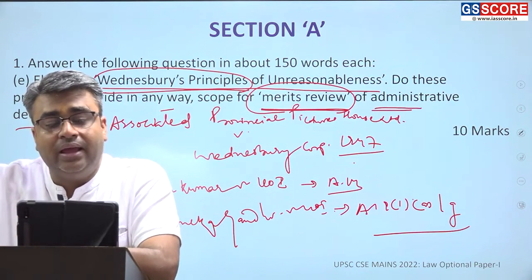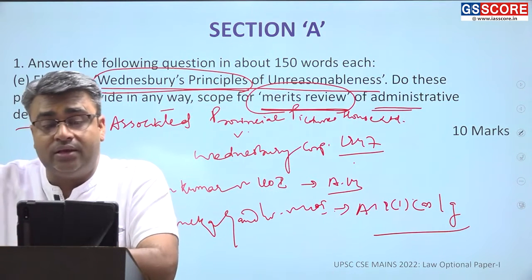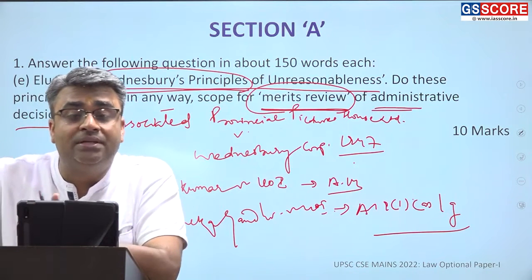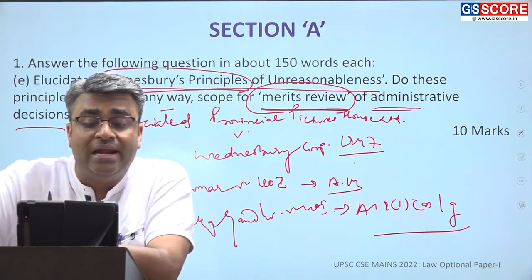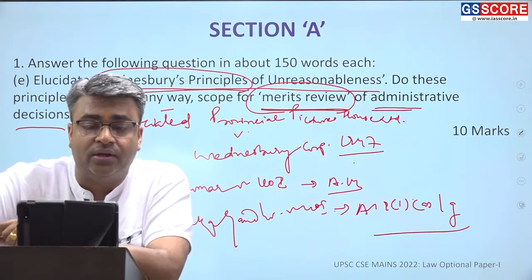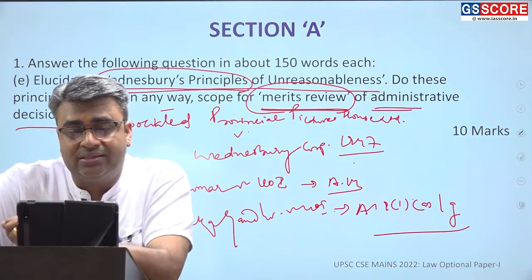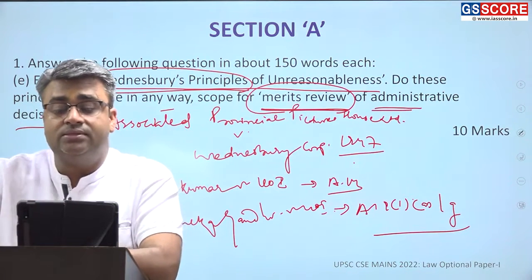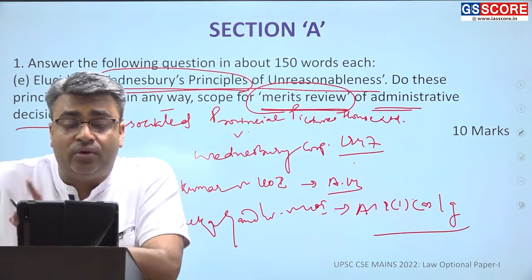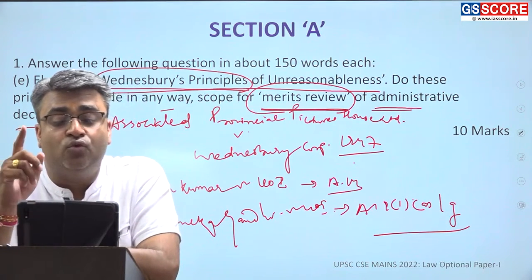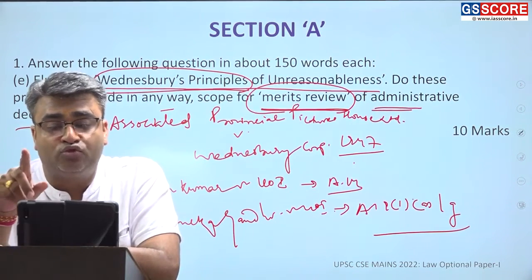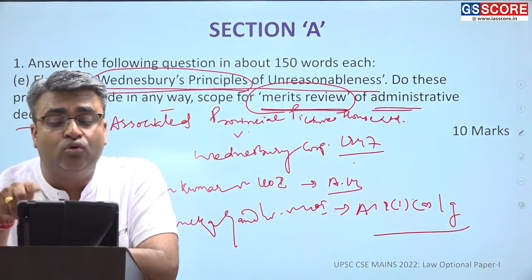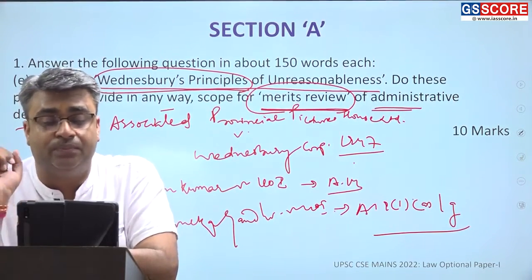The Supreme Court held in Om Kumar that in case of discriminatory or arbitrary administrative decisions violative of Article 14, the primary review would be carried out on the basis of the proportionality doctrine, whereas the secondary review would be carried out on the basis of the Wednesbury unreasonableness principle.